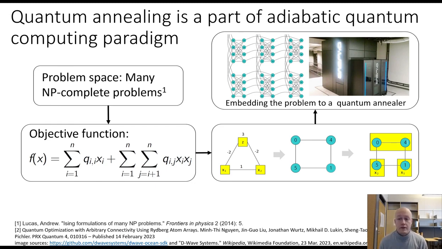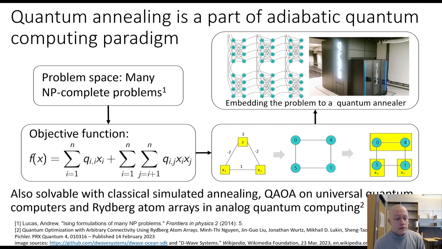But I'm not going to go into detail on how this hardware works, and this work aims to develop these ideas at the algorithmic level. It is also interesting to point out that these objective functions are solvable with classical simulated annealing, with QAOA on a universal quantum computer, and also with Rydberg atom arrays in analog quantum computing.